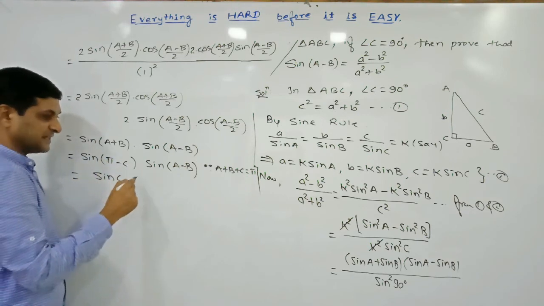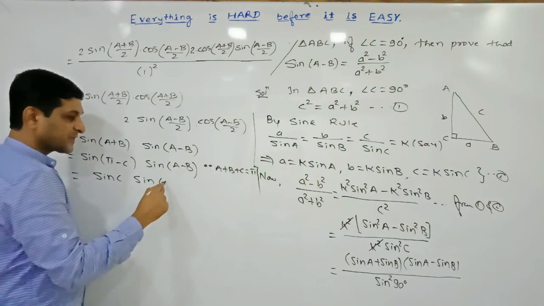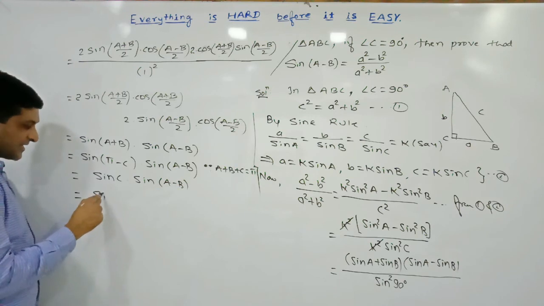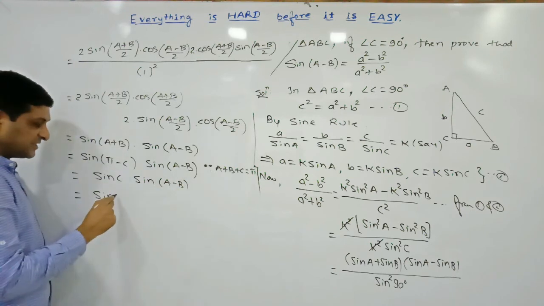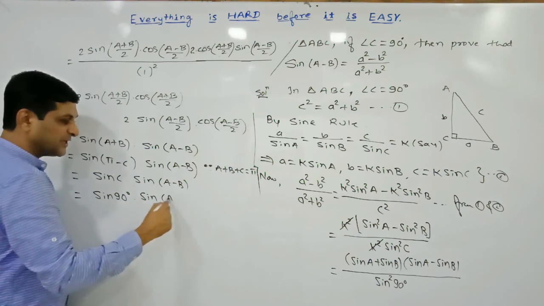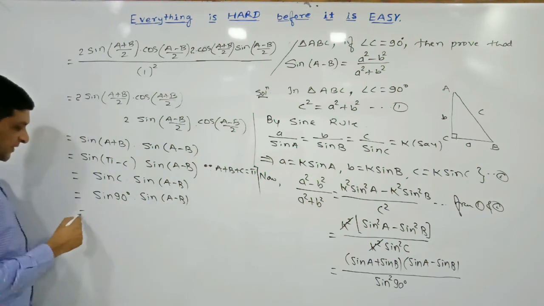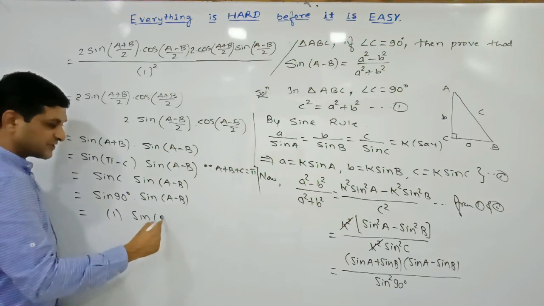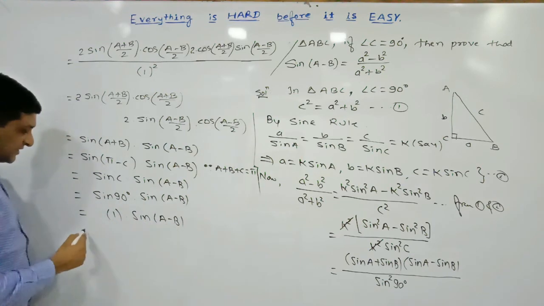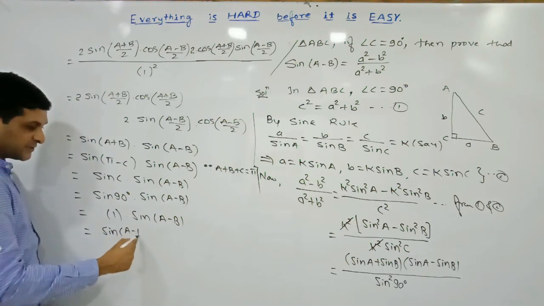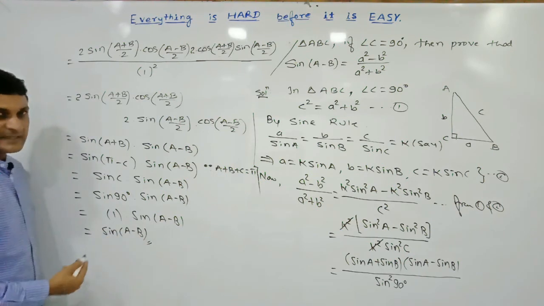Theta is C here, into sin (A minus B), keep it as it is. What is the value of C? Angle C is given to us. Its measure is equal to 90 degrees. So sin 90 is equal to 1, into sin (A minus B), which is equal to sin (A minus B), the required result here.